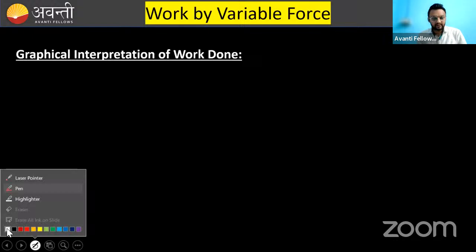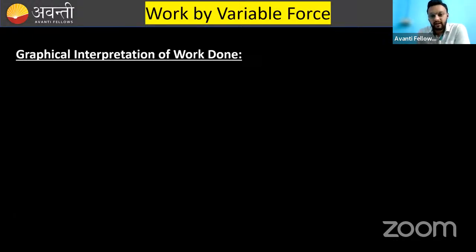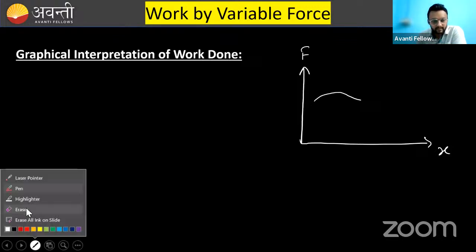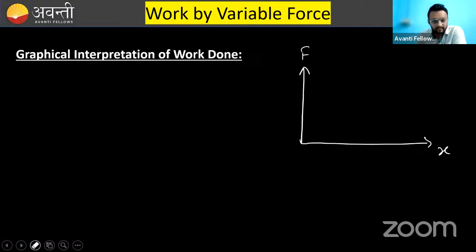If I say there is a graph of force and displacement, an F versus X graph, whatever the graph may be, suppose the graph is like this. This is the graph between force and displacement.